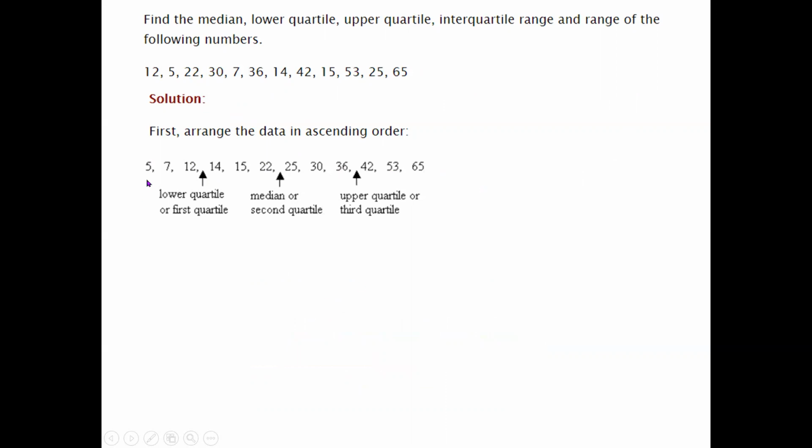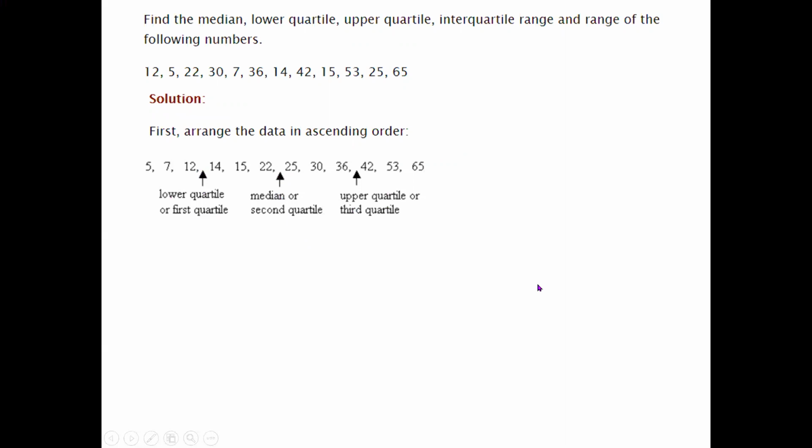So after the first 3, this is the first quartile or Q1, after the next 3, the second quartile, after the next 3, the third. Very simple, because there are 12 numbers: 12 by 4 is 3. If it is an odd number like 13, you may consider the average of the two middle values, but this is the even number 12. So after the first 3, the first quartile, then the second quartile and the third quartile.